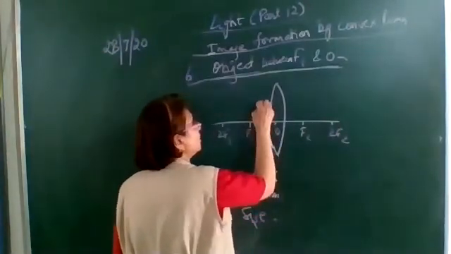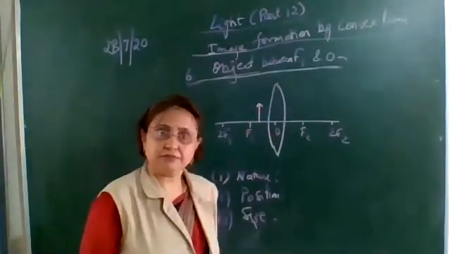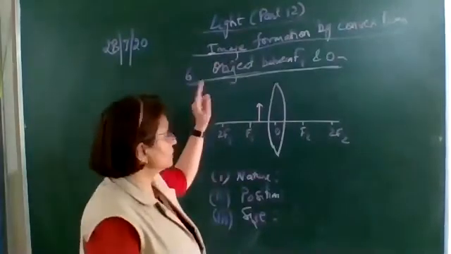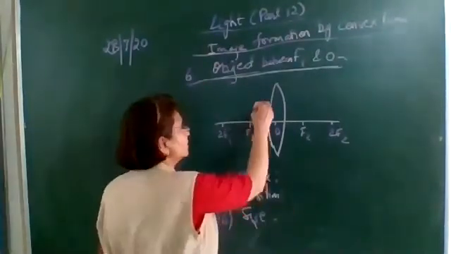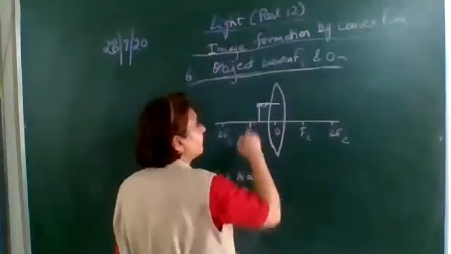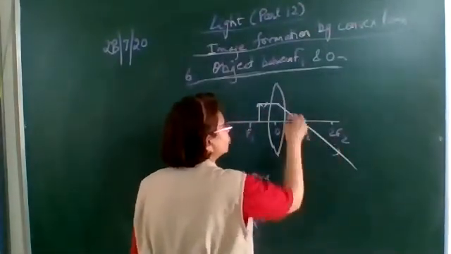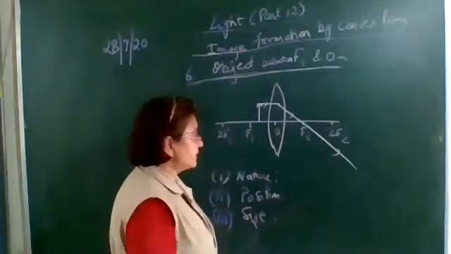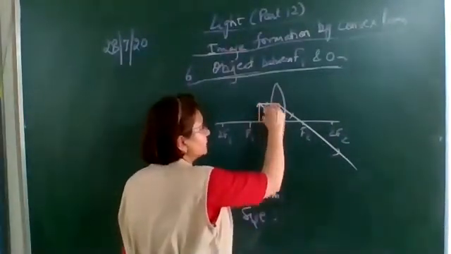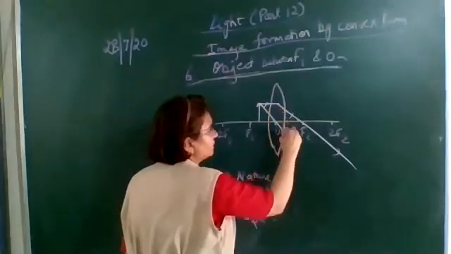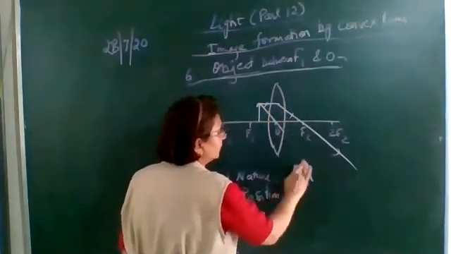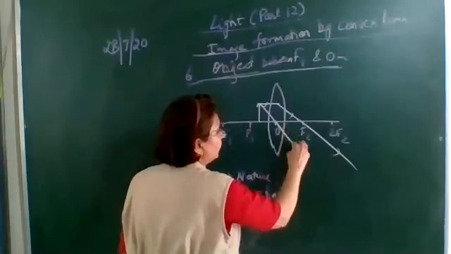Now place the object between O and F1. This is the sixth position, object placed between focus and optical center. Again, one ray of light parallel to the principal axis passes through the focus on the other side. The second ray you can pass through the optical center. The ray passing through the optical center goes straight without bending.